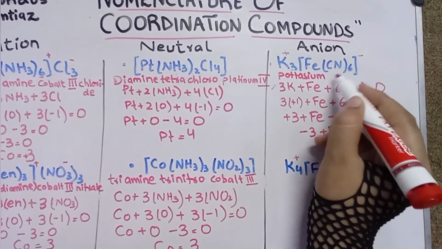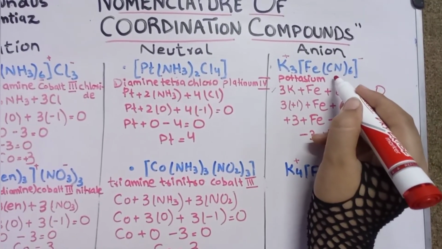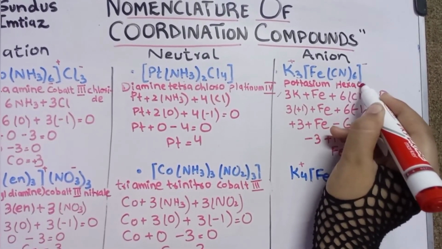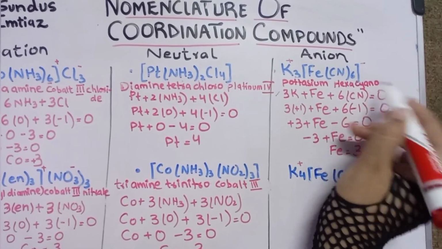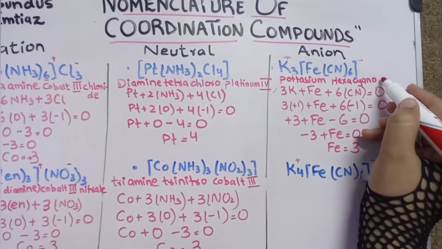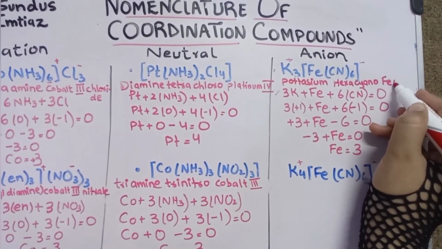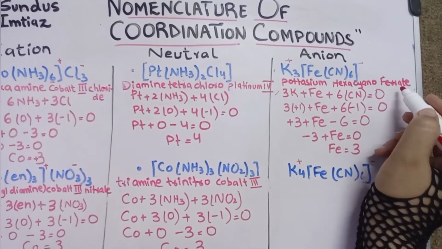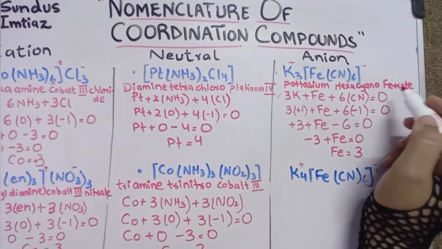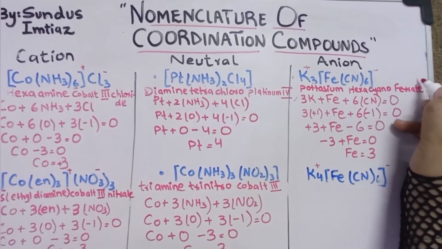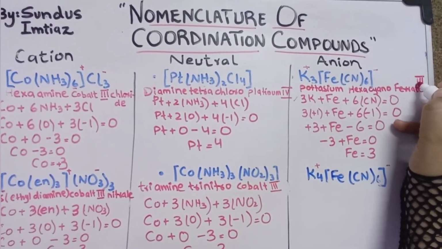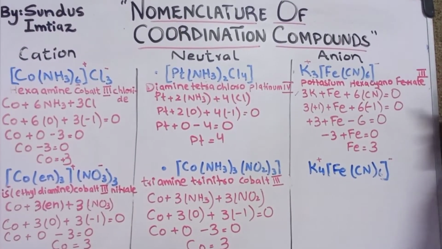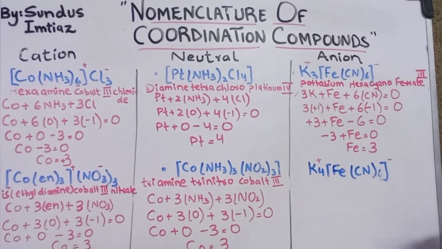Then 6 cyano, so we will write hexa, cyano, chain is continuous, so cyano, ferrate. Only for anions the metal name gets the ending ATE. I am writing the charge above, 3. You can write it at the side, but due to lack of space I am writing at the top.